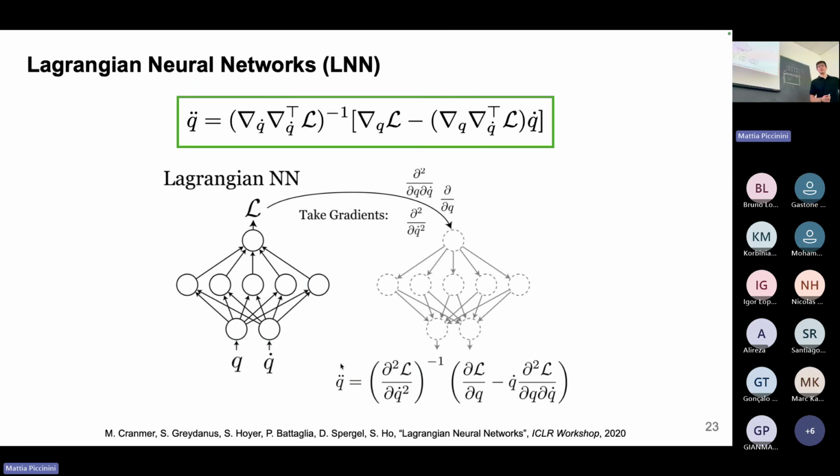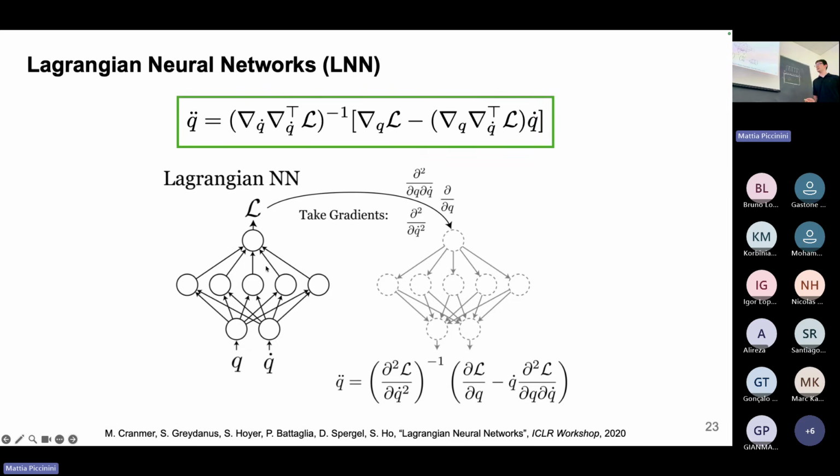So here the idea is we use the first equation to compute q double dot. We have our Lagrangian neural network, our neural network in general, that takes q and q dot as inputs and computes the Lagrangian L. Then we take the gradients of the Lagrangian with autodiff, and we use the gradients to compute q double dot, the acceleration, from the Euler-Lagrange equation.